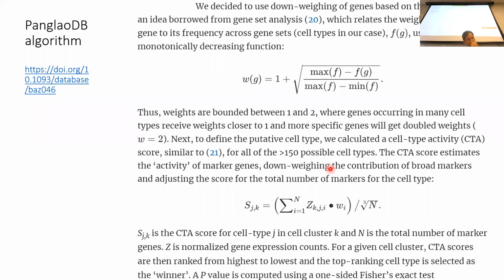Otherwise, if it just uses the most highly expressed gene in each cell, it has to take into account the other genes that are also expressed in that algorithm. I don't understand. I don't know.